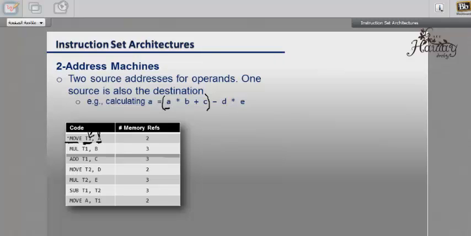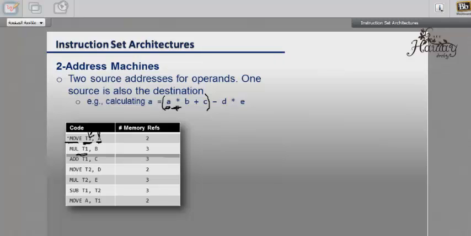Instead of doing all the arithmetic and then storing inside a variable, now we are storing inside the variable as we go along, as we can see now. So first of all, we move the value A inside the variable, we call it T1 for example. Then the second thing, we need to multiply. What do we multiply now?